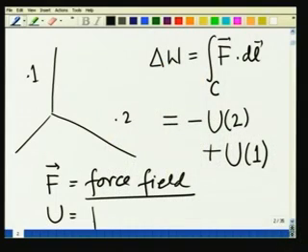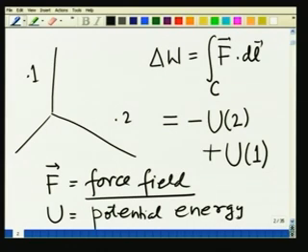This force is present in the space where the body is moving. For example, it could be the force due to the gravitation of the earth if something is moving around the earth, or if 2 charges are moving, it could be the force applied by one charge on the other. So, now I am being very specific. This force is the force given to us, and this U I call the potential energy.